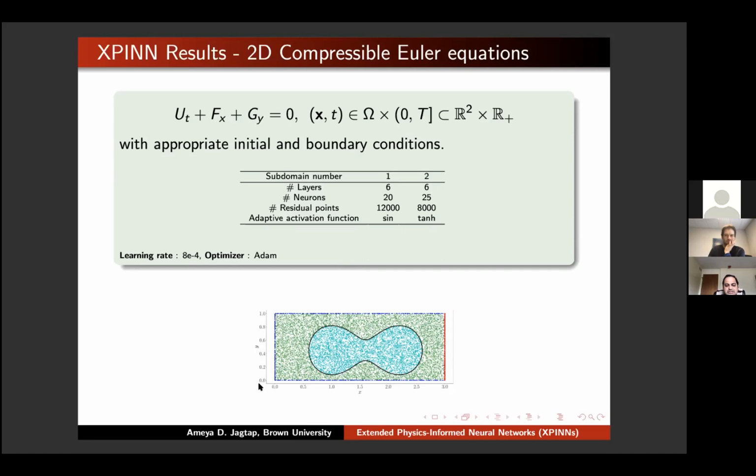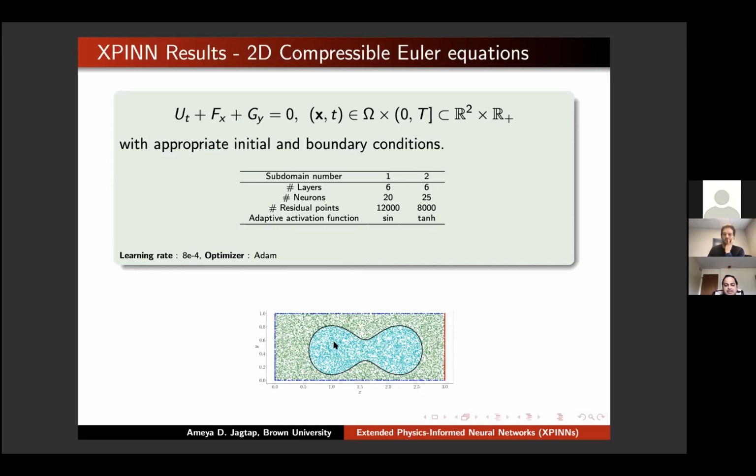So this is my XT domain basically, and we have an inflow boundary condition along this left boundary, and the post-shock conditions along this top boundary. So basically that creates a shock at this corner, which actually travels and hits this bottom wall here and then reflects back.